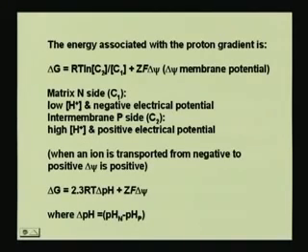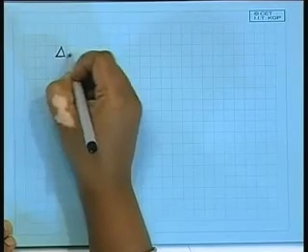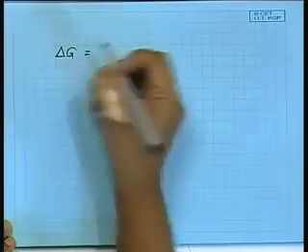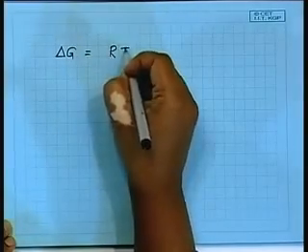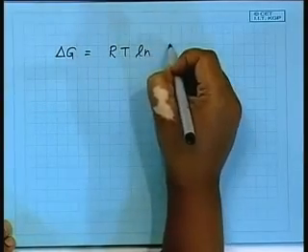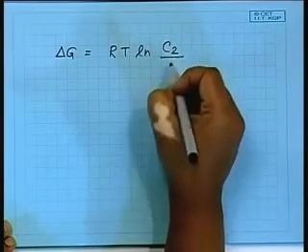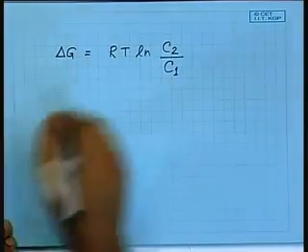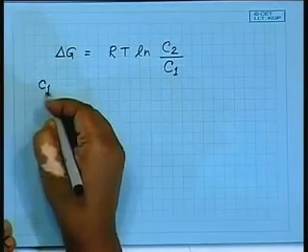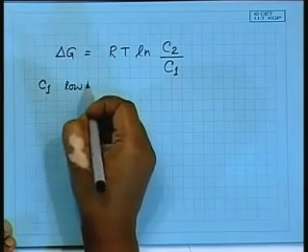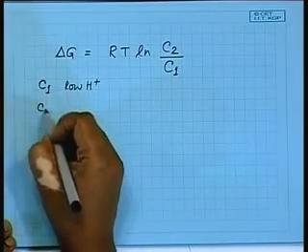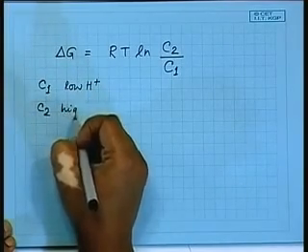So, if we just work this out, my delta G is RT ln C2 by C1. Where is my C2? My C1 is low H plus. My C2 is high H plus.